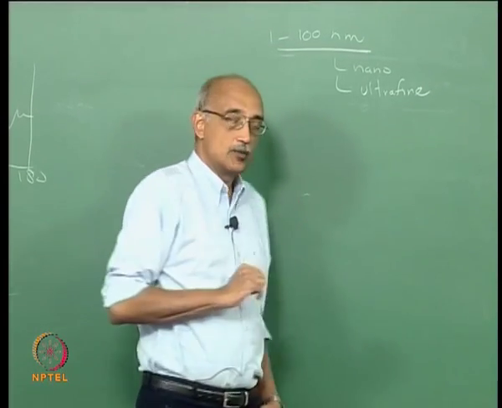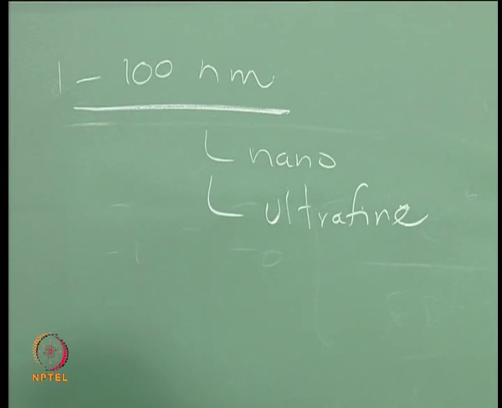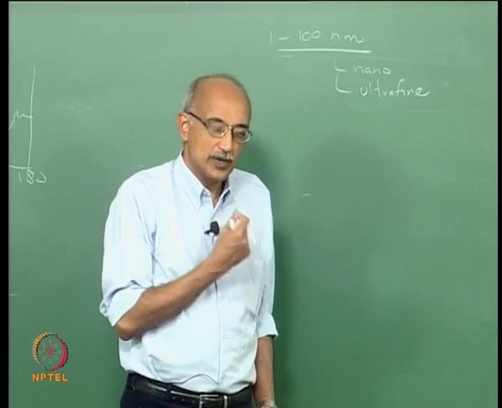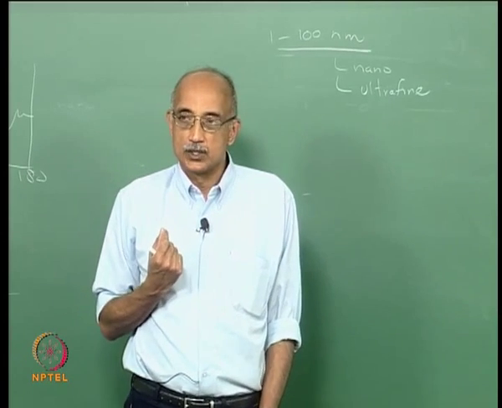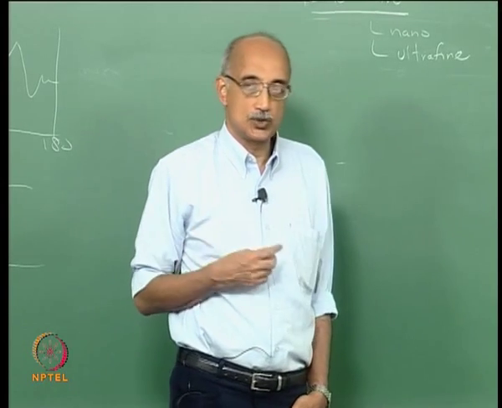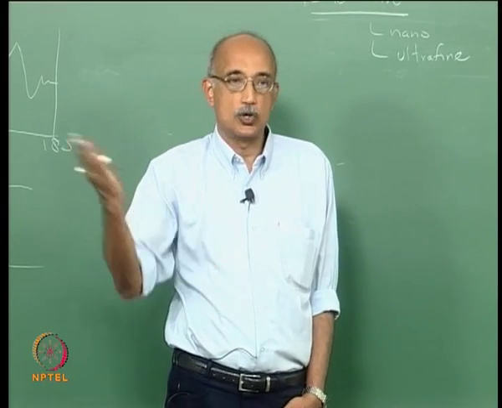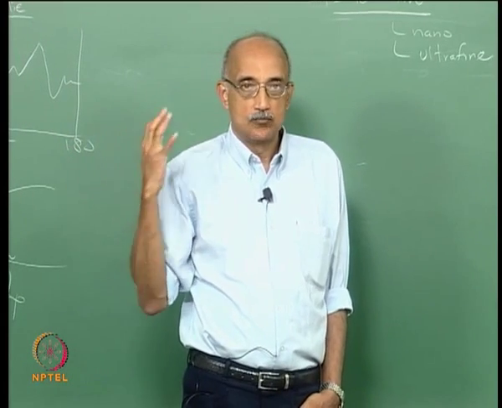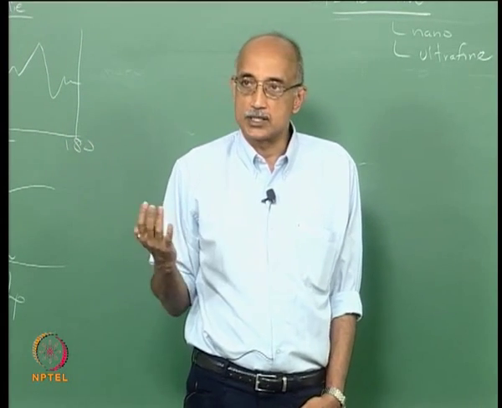Well, the first thing to think about is, how do these particles happen? You know, what causes the generation of particles in this very, very fine size range? If you look at particle size distribution in nature, suppose you go outside and take a sampling of the air and look at particle counts as a function of particle size.